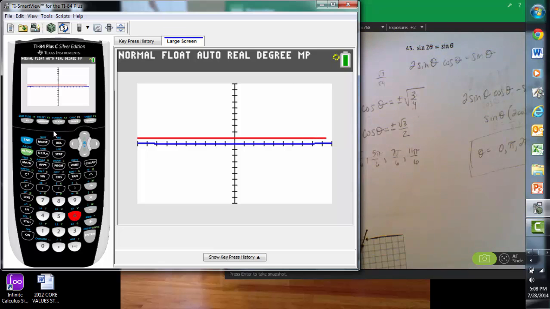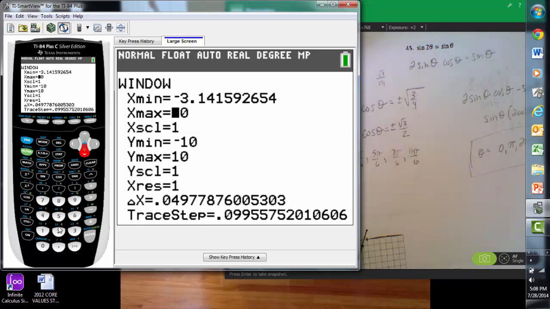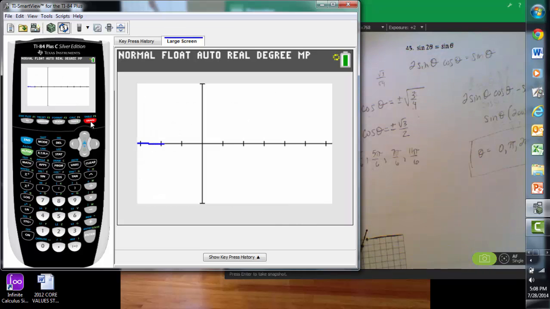So this was silly. Negative pi to 2 pi. I might have typed something in wrong because it still didn't quite look right, but you'll find that I make mistakes too. -1 to 1. If those don't cross, then I typed something in wrong.